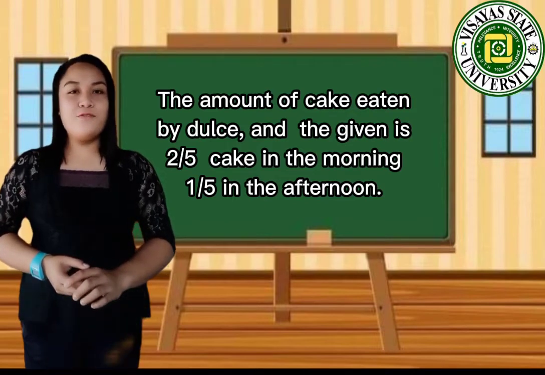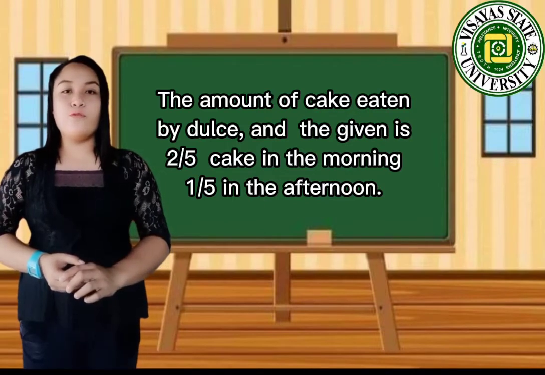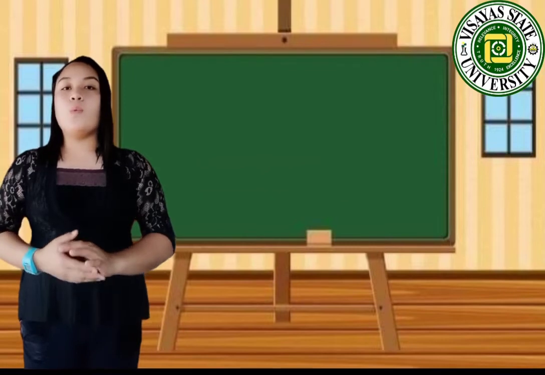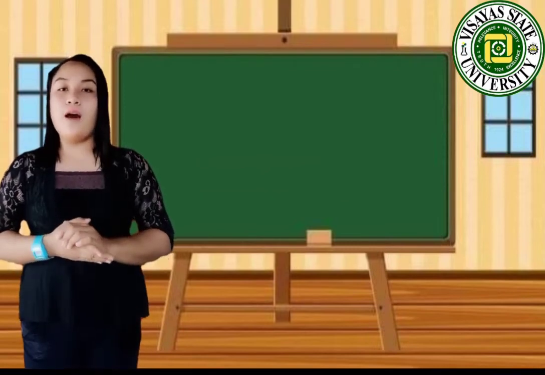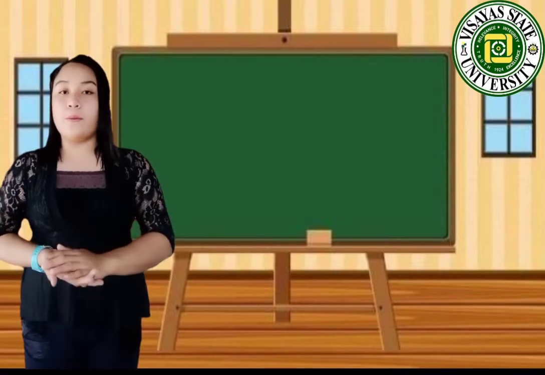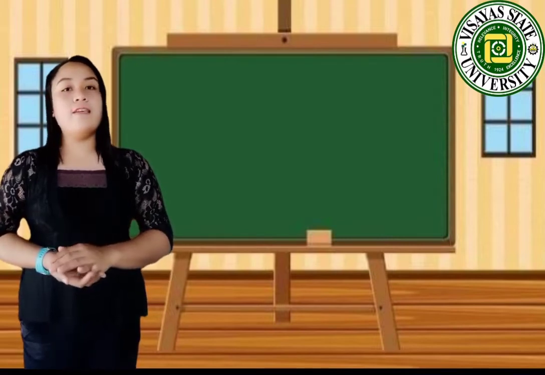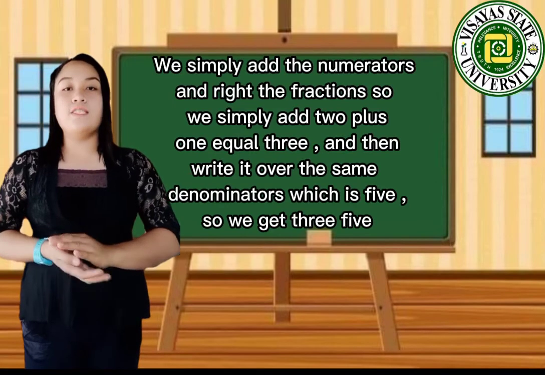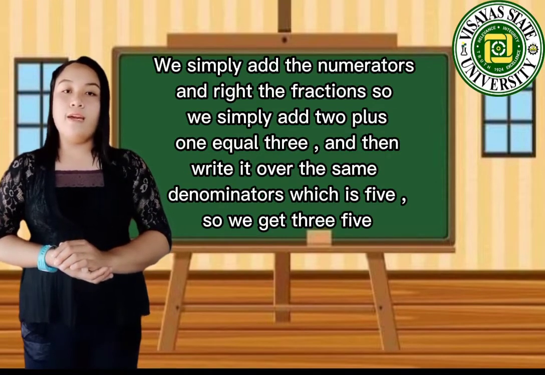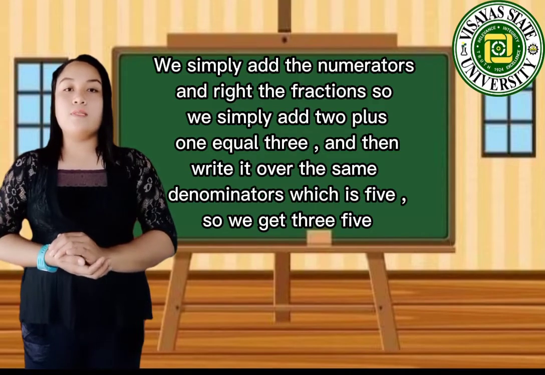What is given? The given is 2/5 cake in the morning and 1/5 in the afternoon. So, we are going to add the fractions to answer what is asked in the problem. I state the rule: we simply add the numerators and write the sum over the same denominator.